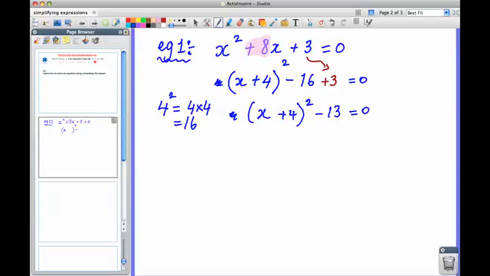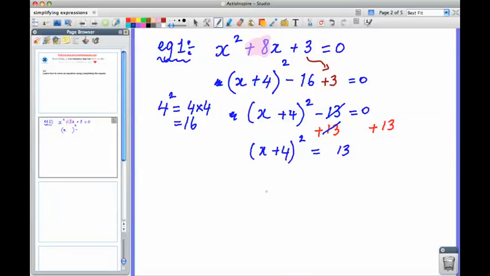So what I'm going to do is add 13 on both sides. So if I add 13 here, then I'm going to add 13 to that side as well. So I end up with x plus 4 squared is equal to 13. Basically the minus 13 and the plus 13 cancel out.